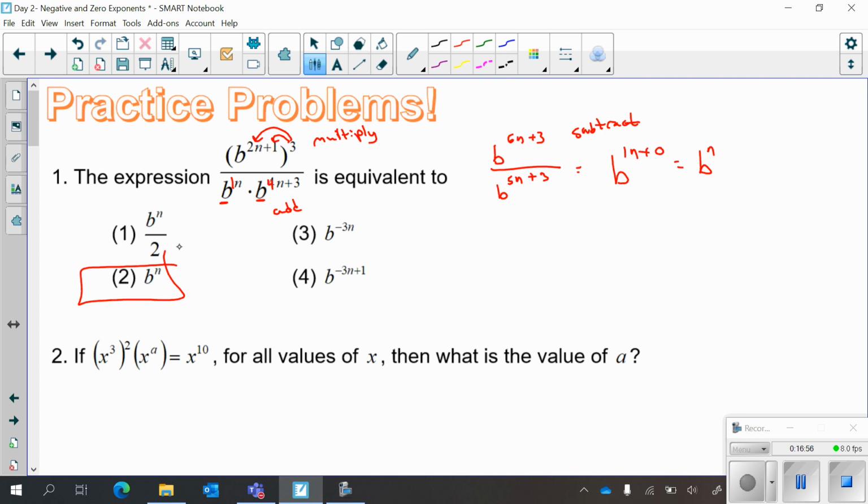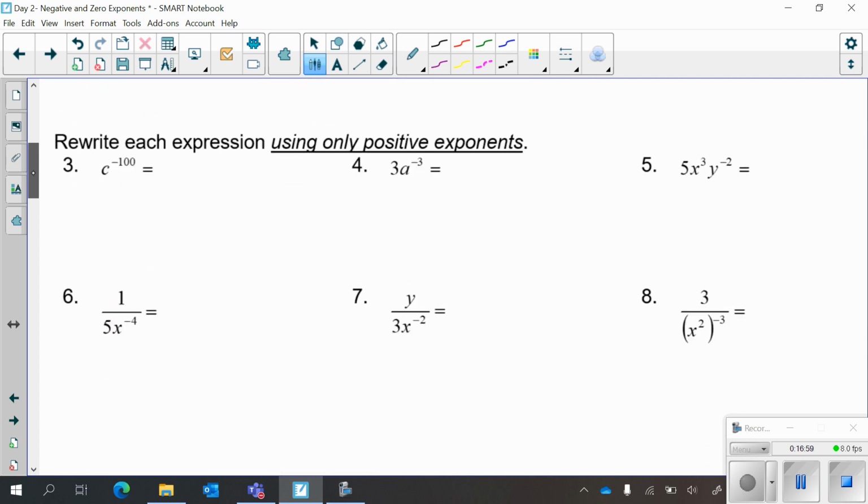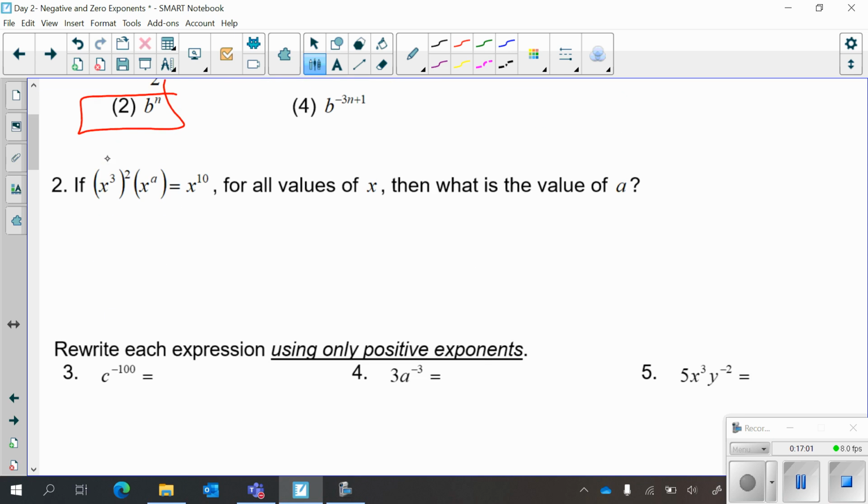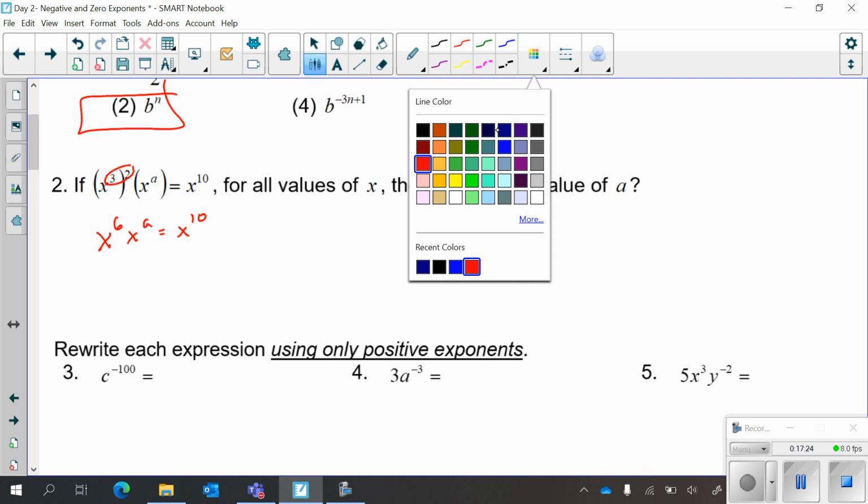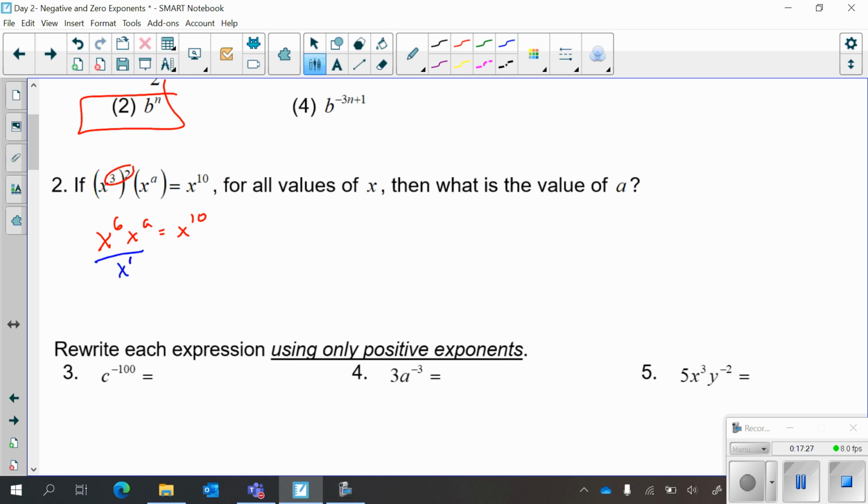We'll get better at it as we continue practicing. Actually, I'll just do that quickly. Over here on the left-hand side, you have one base with multiple exponents. So you multiply. This would be 3 times 2 is 6. If you want to get a by itself, perhaps you should divide by what's attached to it.